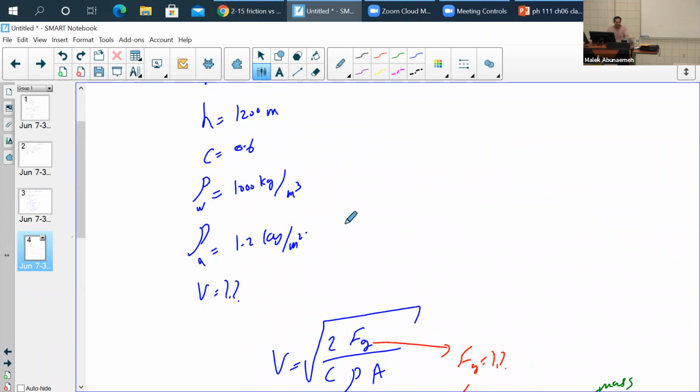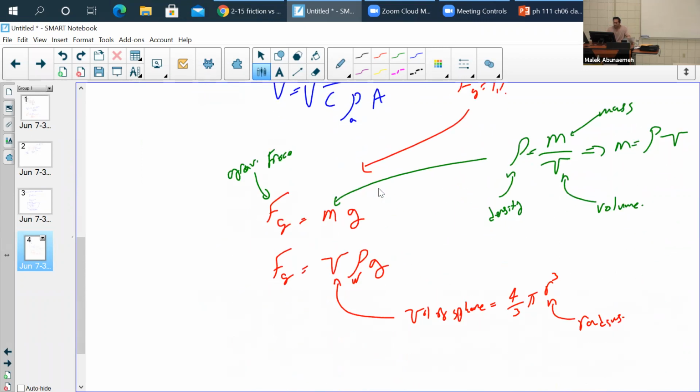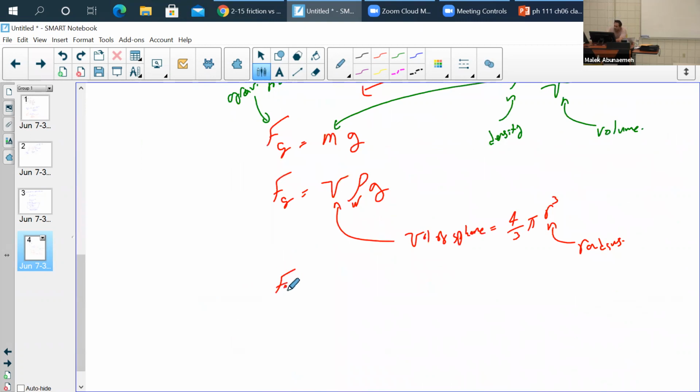It's 1.5 millimeters. So really, our gravitational force is going to equal 4/3 pi r cubed multiplied by the density of the water multiplied by gravity. Now, that's the first one we need.